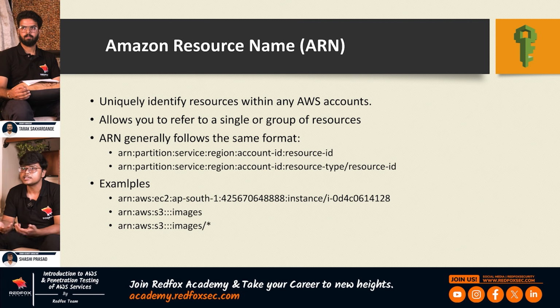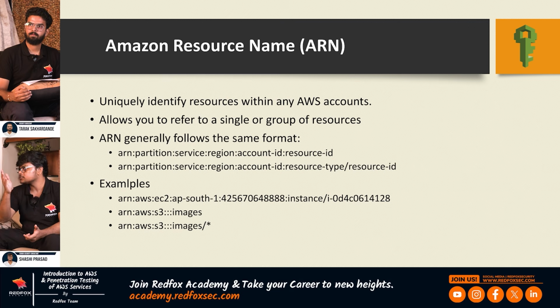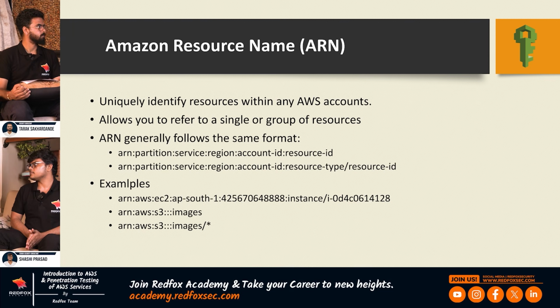It will not have the region as well as the account ID because it's a global service, right? And if you want to represent a group of resources, then you can use the wildcard, which is /*. In this case, it is representing all the objects in this images bucket. Good. So I hope you have an idea of how you can uniquely identify a resource in AWS using ARN.